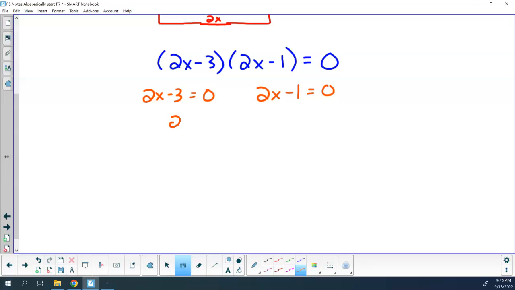Add 3. Divide by 2. And x equals 3 halves. Then I go over here and I add 1. Then I divide by 2.